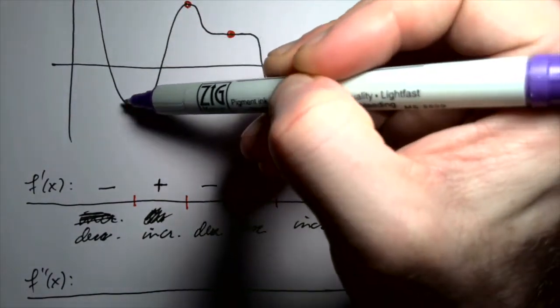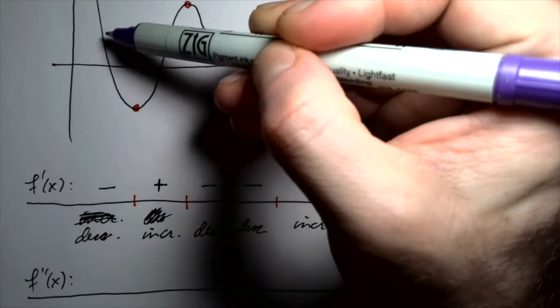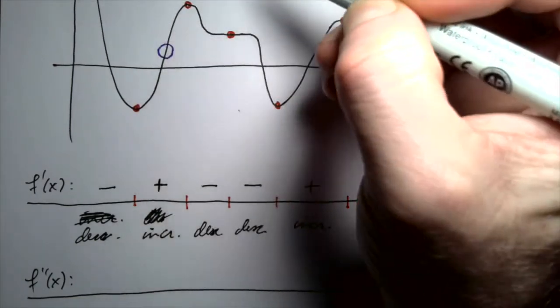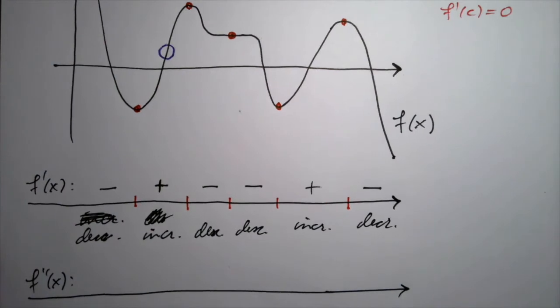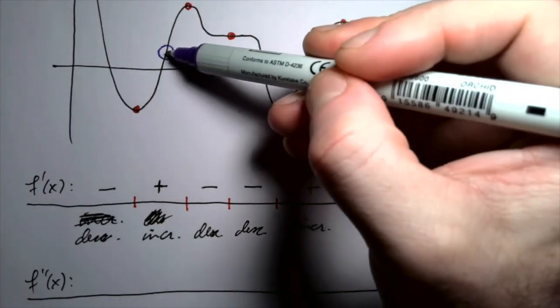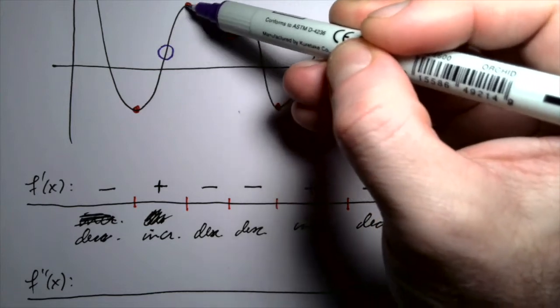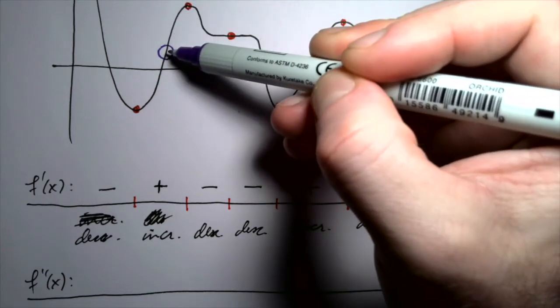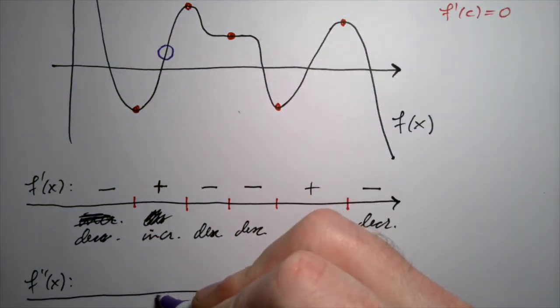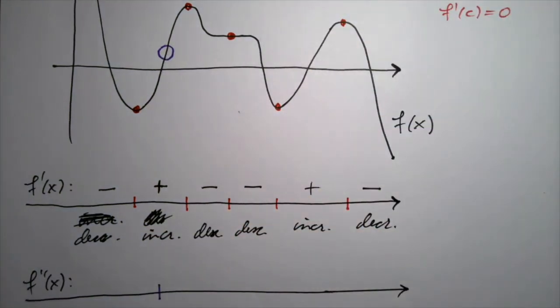It's upward shaping. It's this upward facing bowl. But there's a spot right about there where the concavity changes. What do I mean? It's changing from being concave up to concave down, right? This is downward facing. So that change in concavity will correspond to the second derivative being 0.